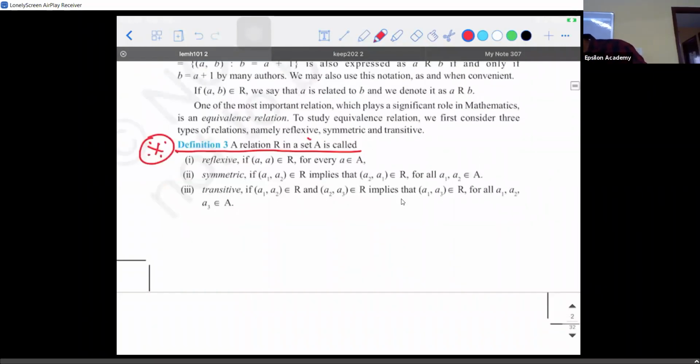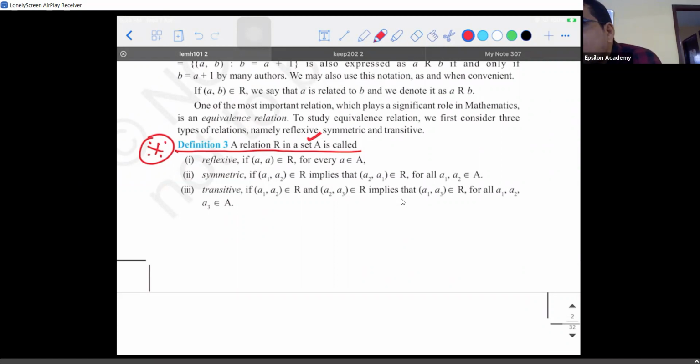So a relation R in set A is called as reflexive. Under what scenario? So relation will have what elements? Set of ordered pairs. How are the ordered pairs supposed to be for that relation to be called as a reflexive relation? Look at the input element and the output element.